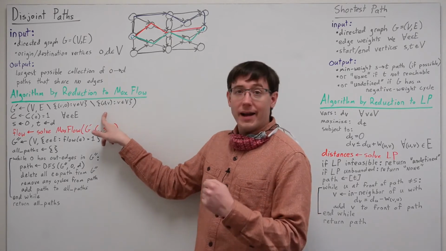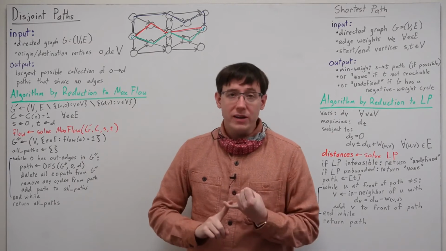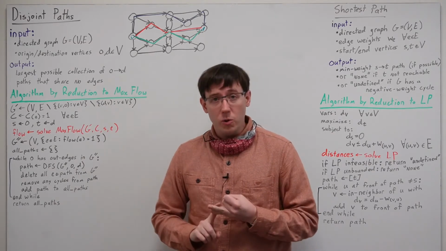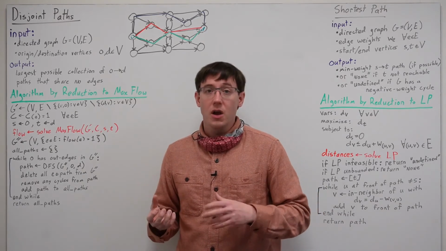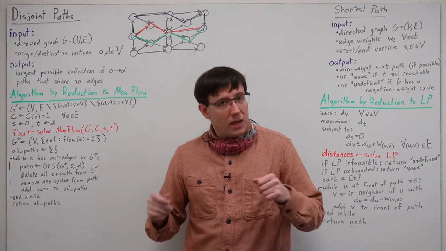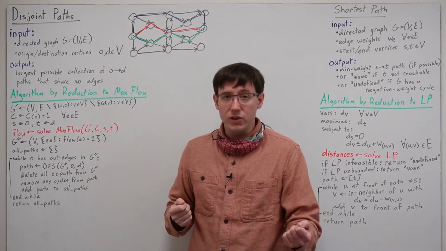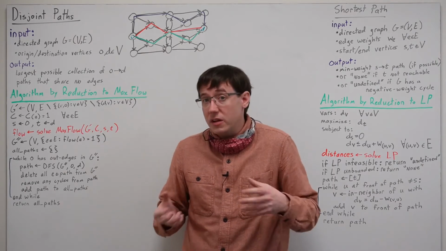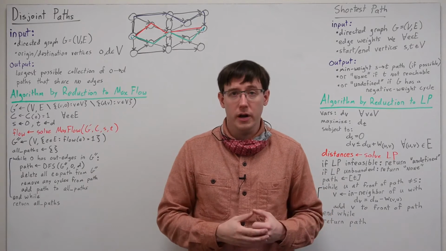The reason why I am doing this here is, 1, it will make our reasoning in the proof of correctness a little bit simpler, and 2, it illustrates the point that when we are doing a reduction, we are translating to a different problem. And so even if both of the problems, the original one and the one we are reducing to, are types of graph problem, we might still want to change the graph that we are giving as input to the target problem.